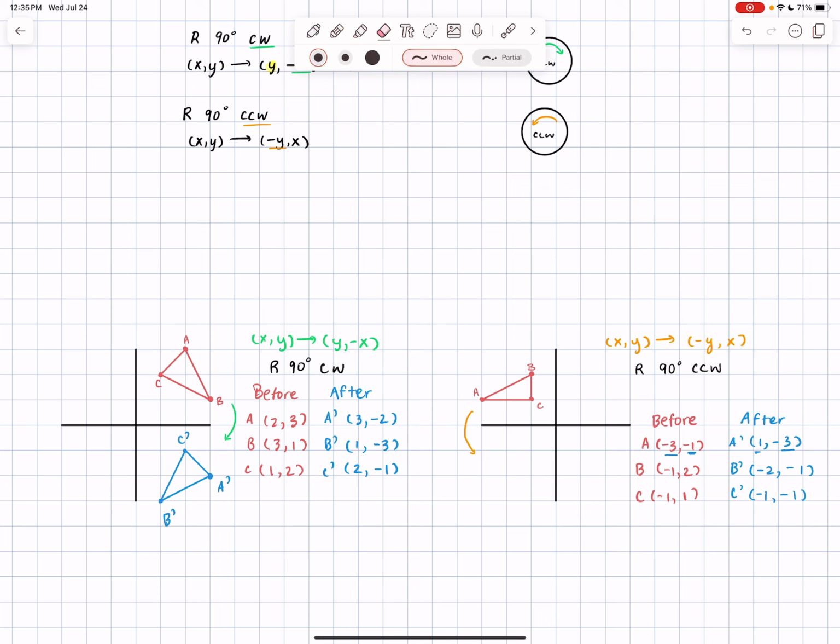So now that we have that, let's go ahead and plot the points. 1, negative 3, and then negative 2, negative 1. And then last but not least, negative 1, 1, negative 1, negative 1, sorry.